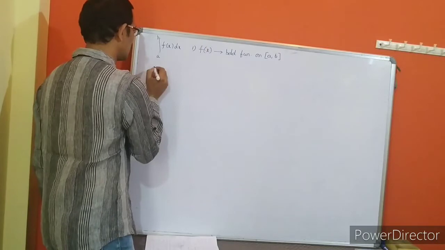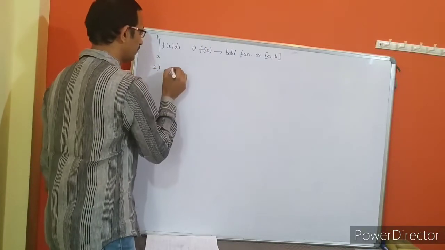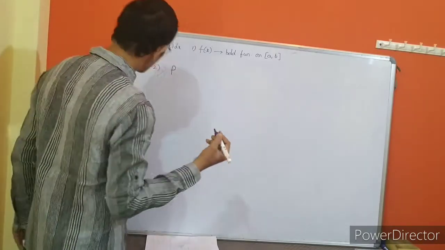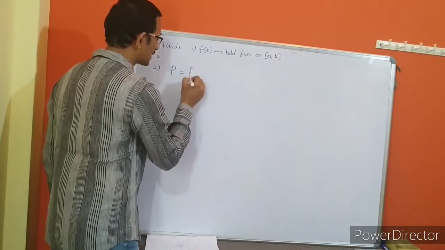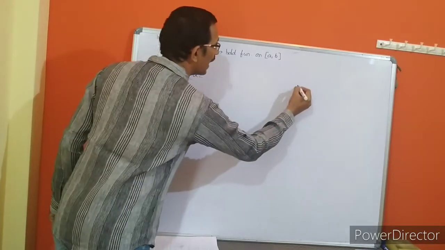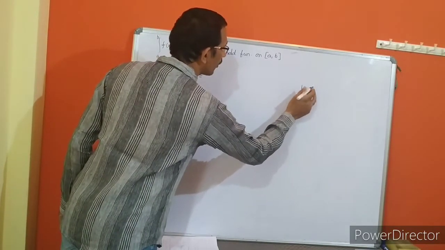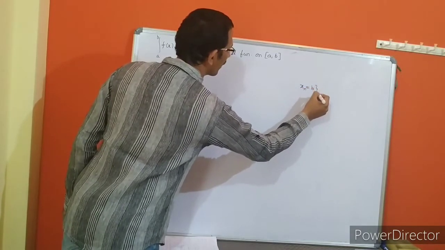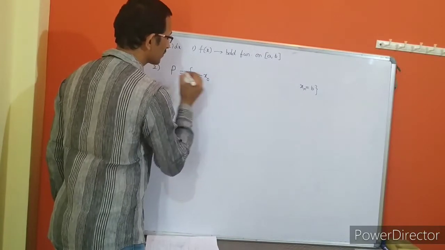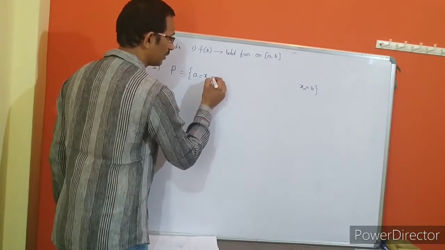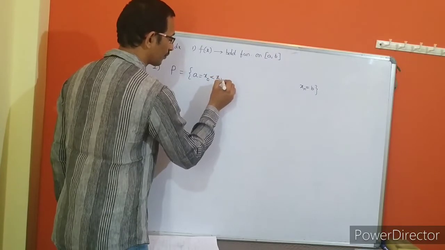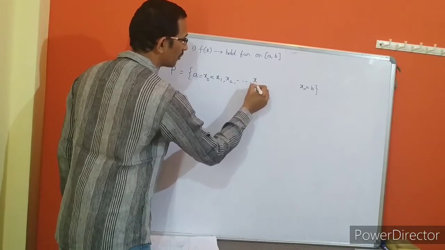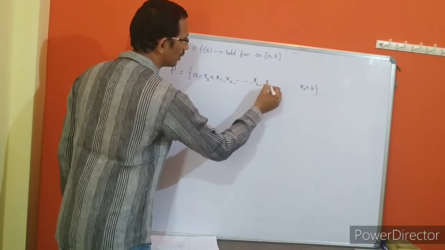Second one, we defined partition P, a partition of [a,b]. So what is a partition? A partition is nothing but a set of points between a and b. So a is treated as x0 and then x1, x2 and so on, in between general points x(r-1), xr.